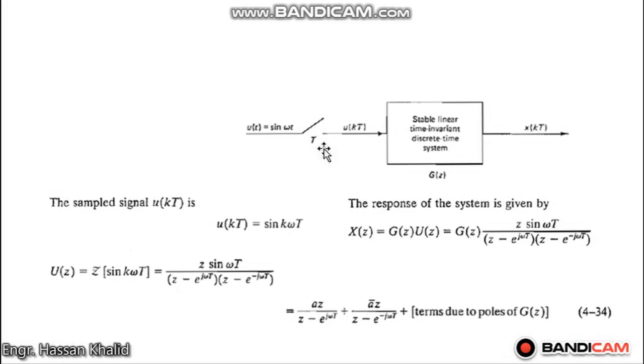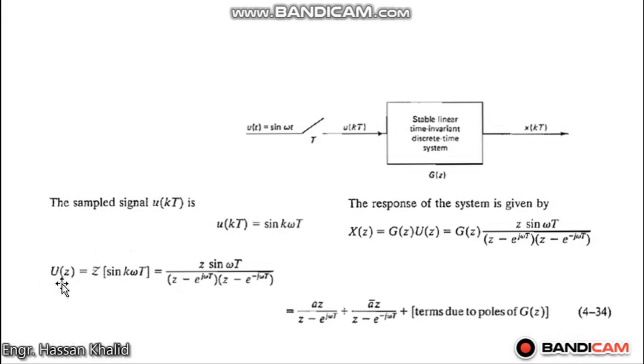Now let us confine ourselves, and find out the z transform of the sinusoidal input. First of all, we put u of t and replace that with u of kt, because we are going to discretize it. Similarly, sin of omega t has also been replaced with sin of k omega t, where k is the sample starting from 0 onward.